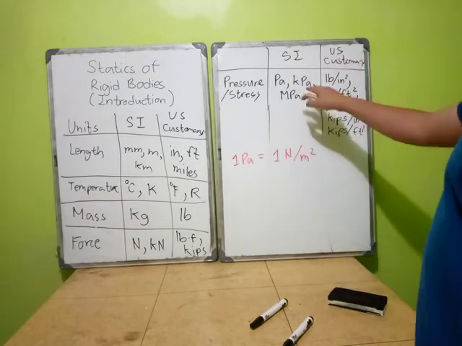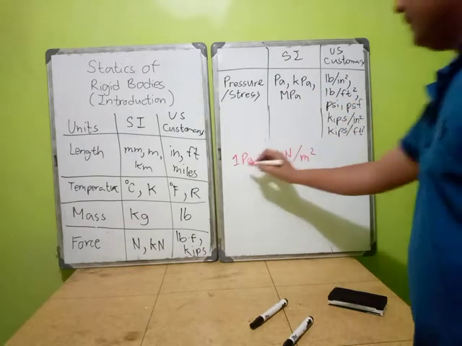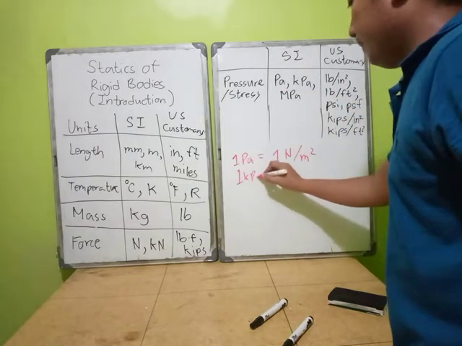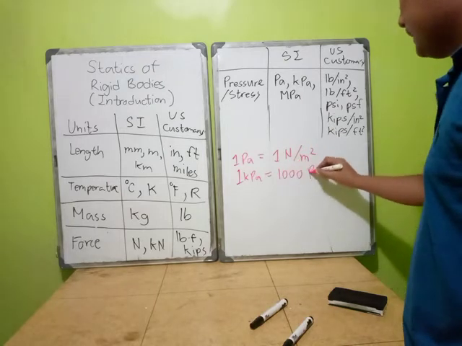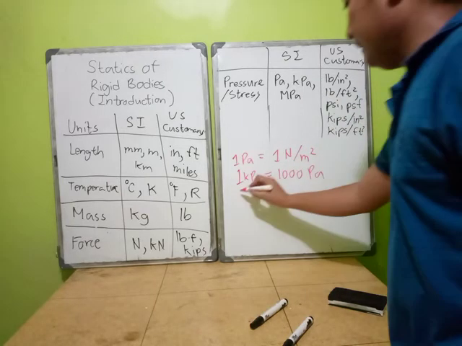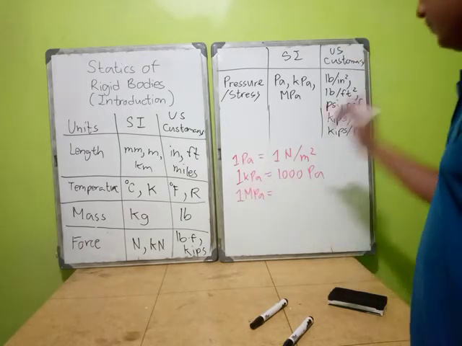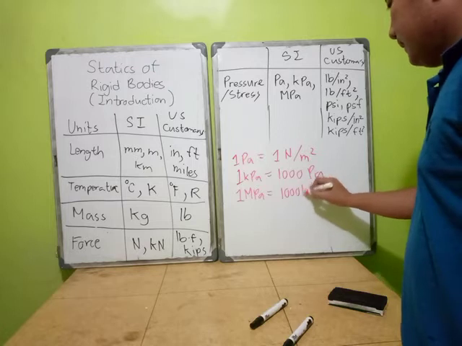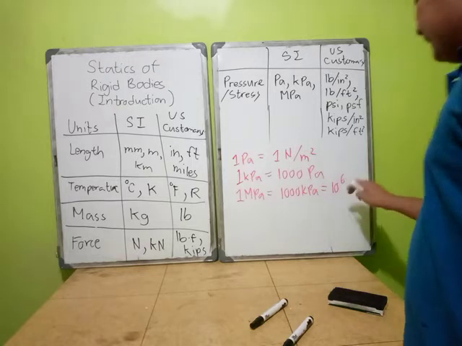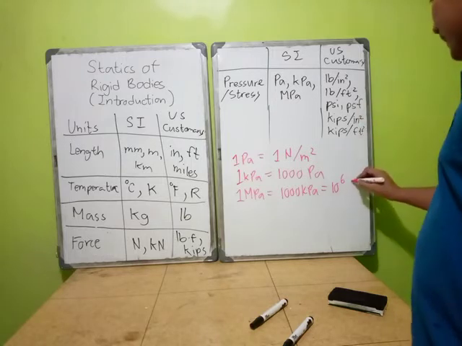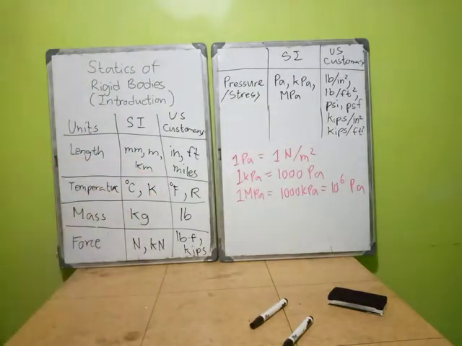Then, if you convert, 1 kilopascal is equivalent to, logically, from the word kilo, 1,000 pascals. And then, 1 megapascal, which is equivalent to 1,000 kilopascals or 10 to the power of 6 or 1 million pascals. So, ayan. Sa SI pa lang yan.